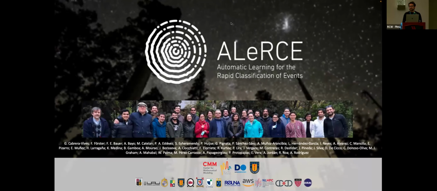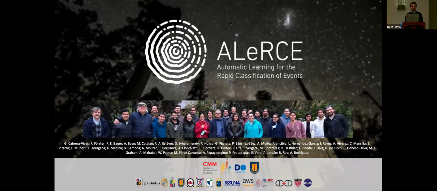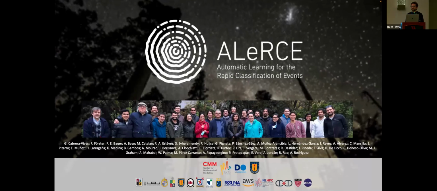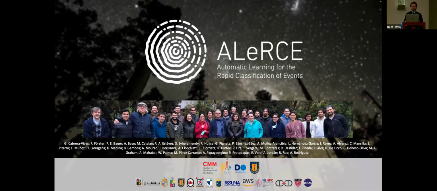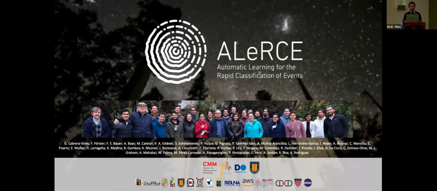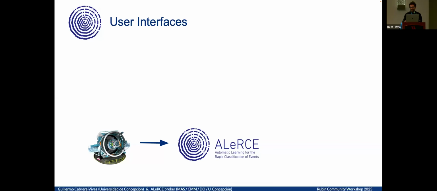All right. Hi, everyone. My name is Guillermo Cabrera Vives. I'm the PI of Alerce, and I'm here on behalf of the Alerce team to try to convince you in 7 minutes that Alerce is cool. So we all know how the alert brokering system works. Basically, alerts are going to be sent to the brokers.